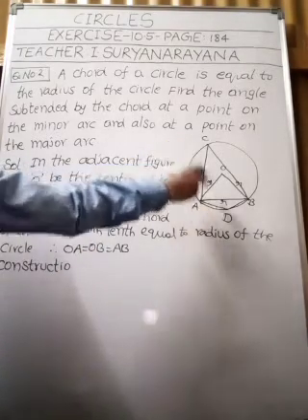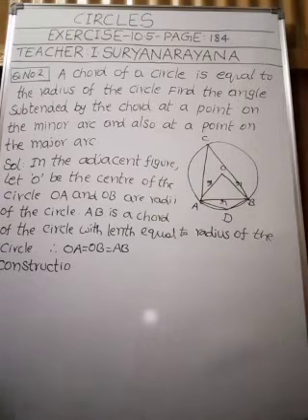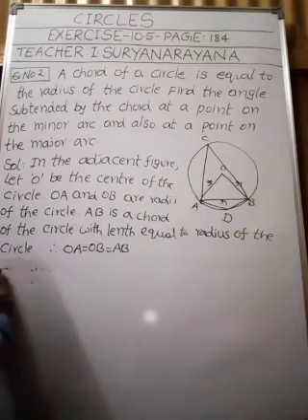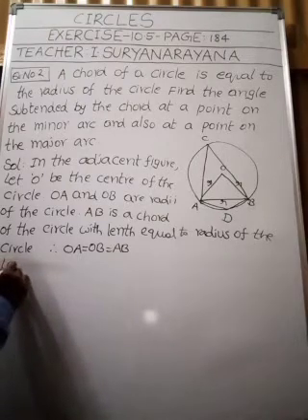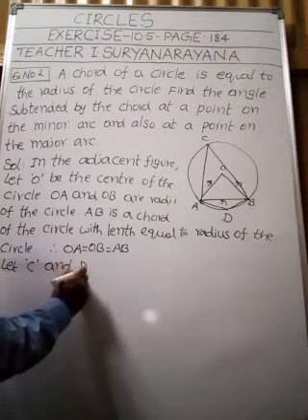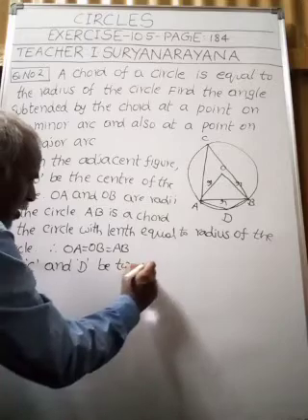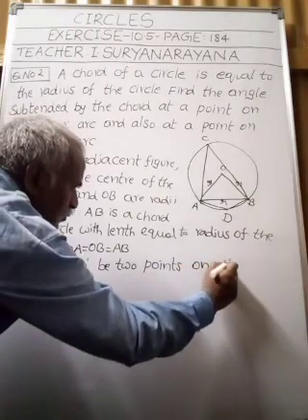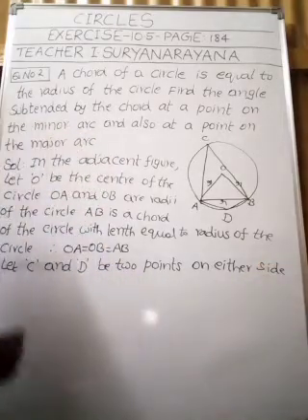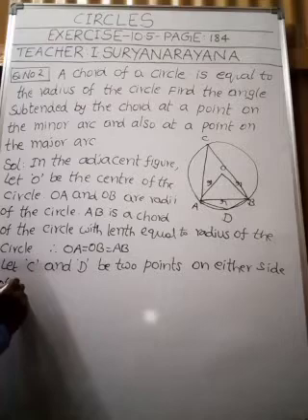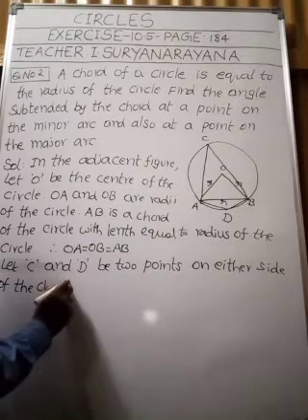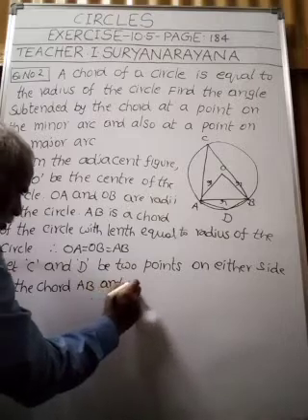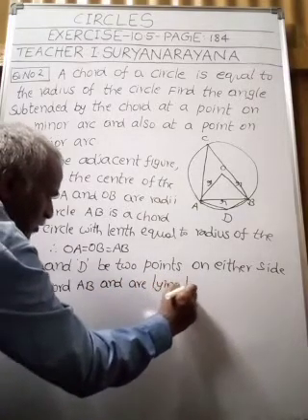Let C and D be 2 points on either side of this chord and are lying on the circle.